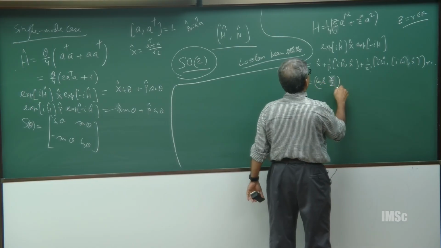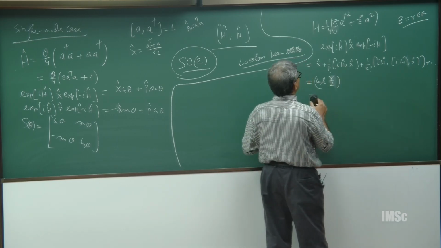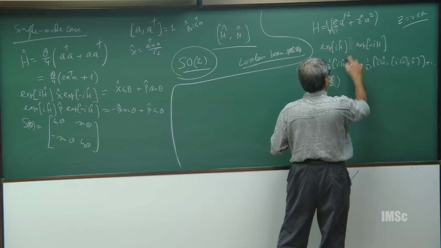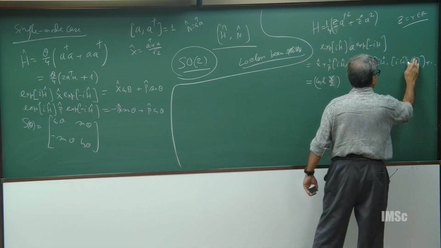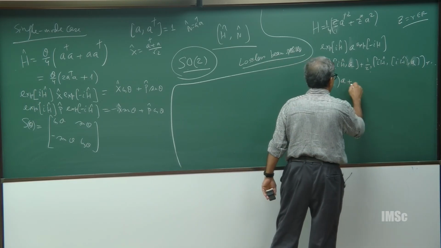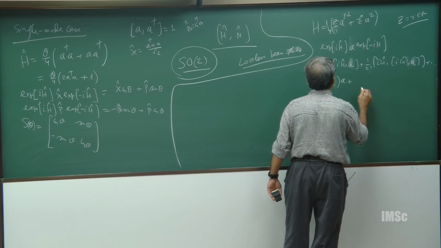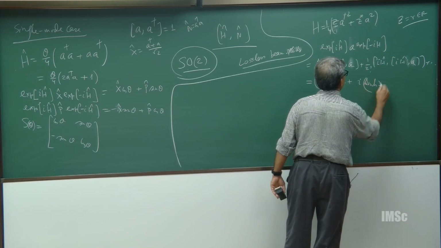I am talking about x, right. So, maybe I will do it for a. Then this will be cosine hyperbolic r by 2 a plus iota sine hyperbolic r by 2 A dagger.